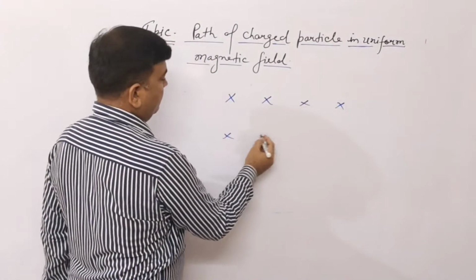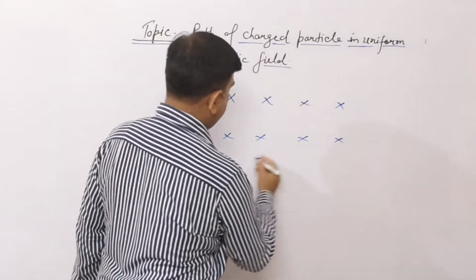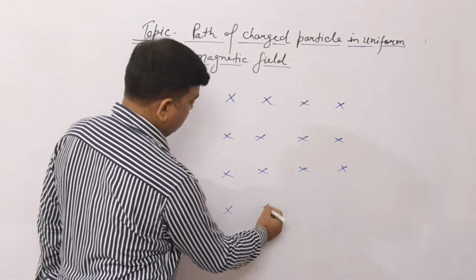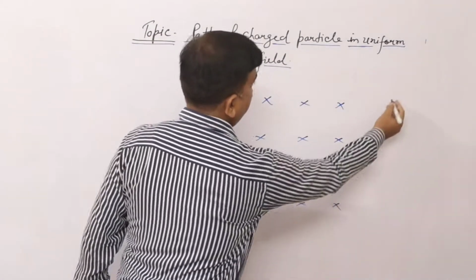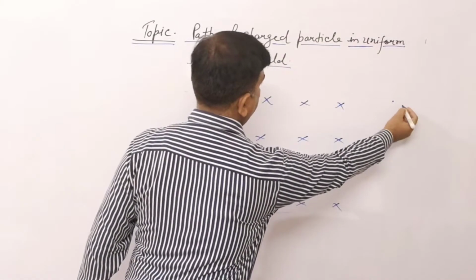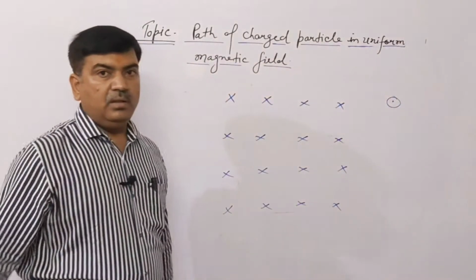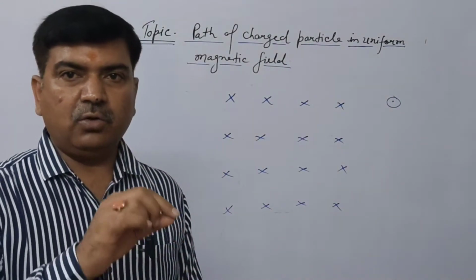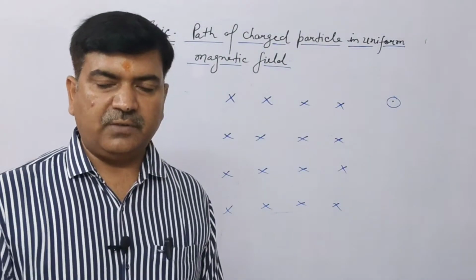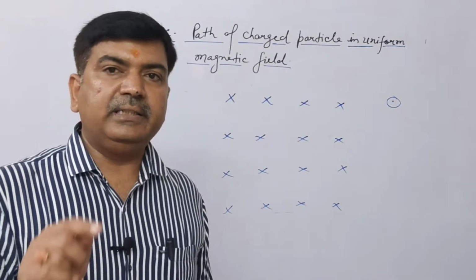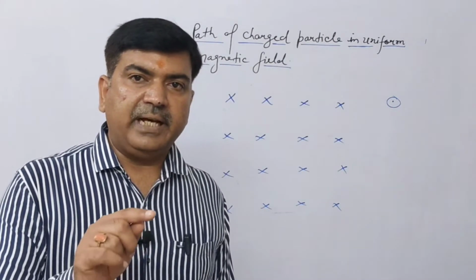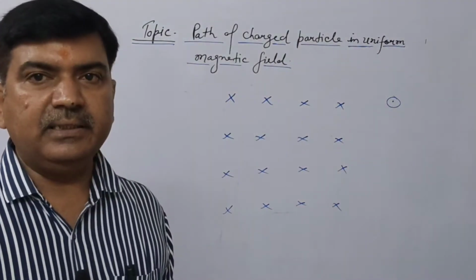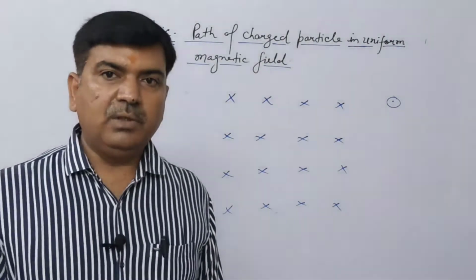Now children see here, the magnetic field is denoted by the cross. What is the meaning of cross and what is the meaning of dot? If anywhere cross, cross, cross is given on the surface, it indicates the direction of the magnetic field perpendicular to the surface and inward.